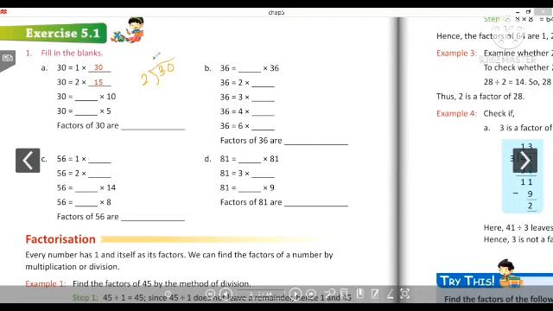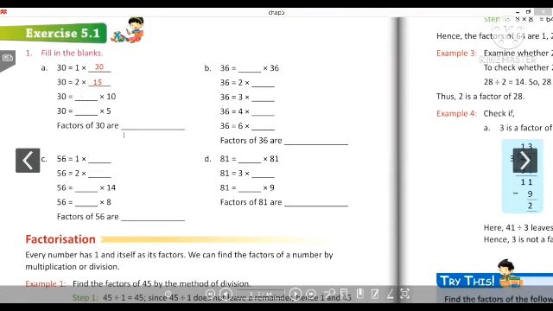So 2 ones are 2, 3 minus 2 is 1, 0 will come down, and 2 fives are 10. So this is done. Fine. So we have to solve it like this.